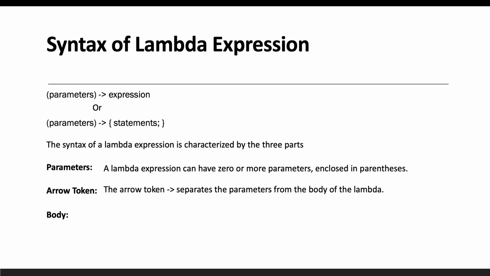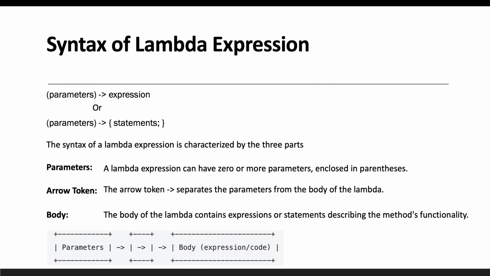So this is what we have discussed, and this is what it is going to look like: parameters in here, then the arrow, and the third one is the expression, or you can say the piece of code that is going to be performed by this lambda.